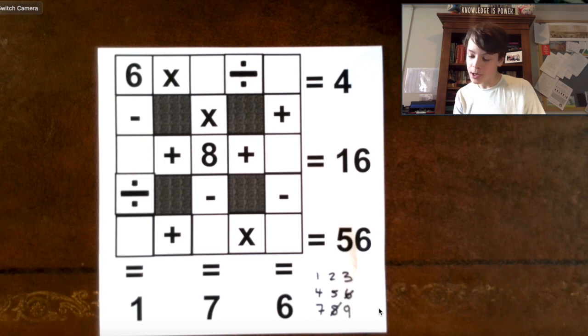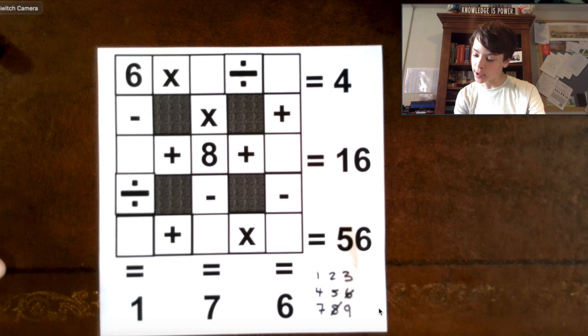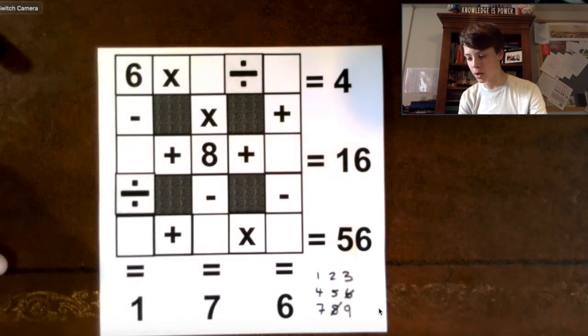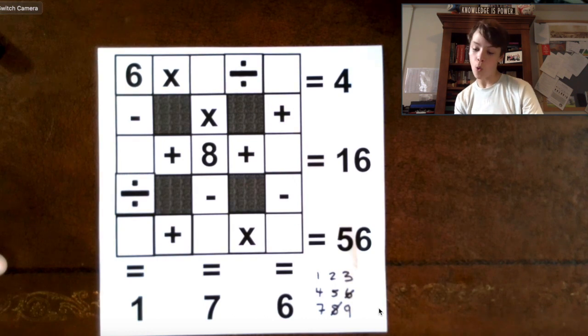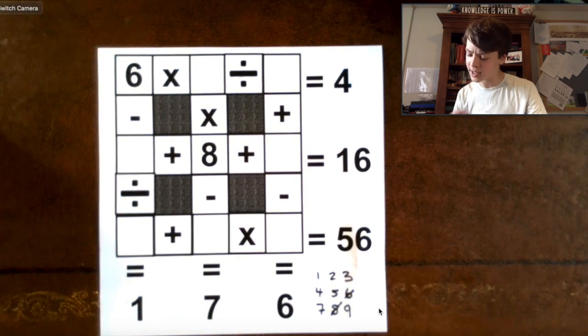symbols. So, we could times 6 by 2 to get to 12. And then from 12 we could divide it by 3 to get to 4. We could times 6 by 4, which would make 24, and then divide it by 6, but we can't use 6 again.